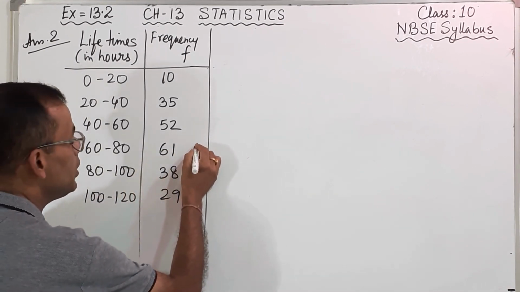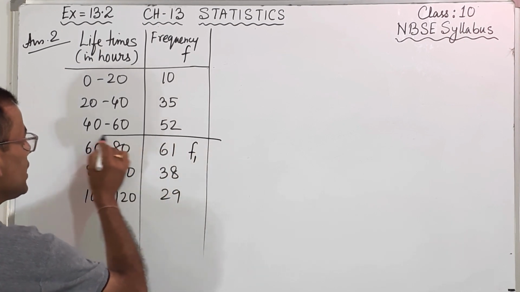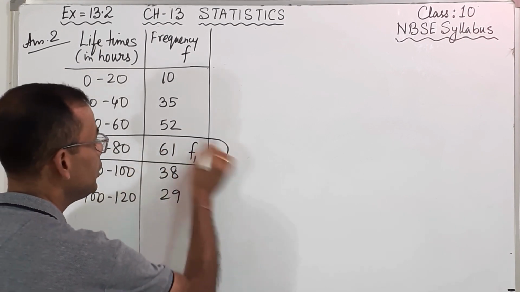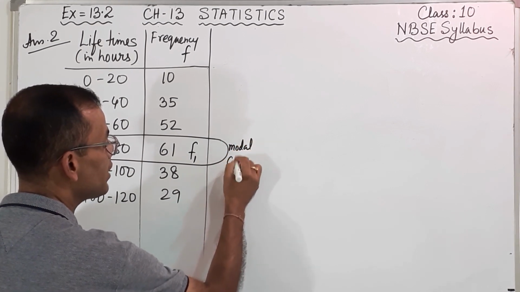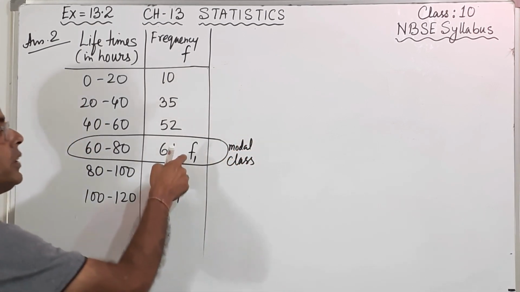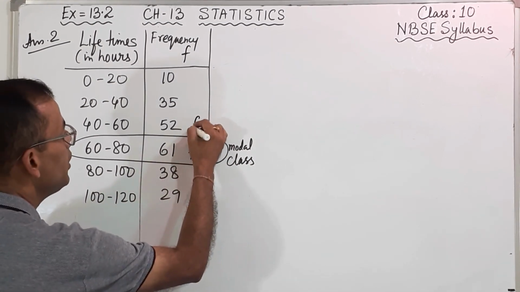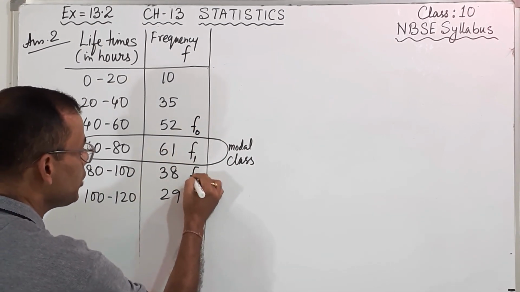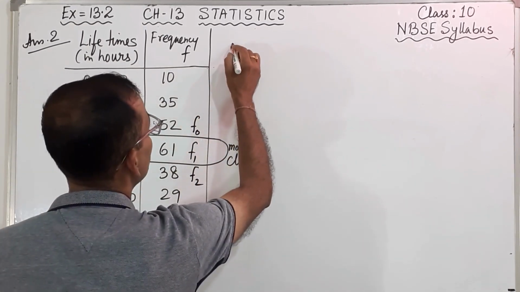So that will be F1, and I told you to circle it because it is maximum. And it will be the modal class. Clear? And which is the modal class? That is F1. Before F1 it is F0. And after F1 it is F2.